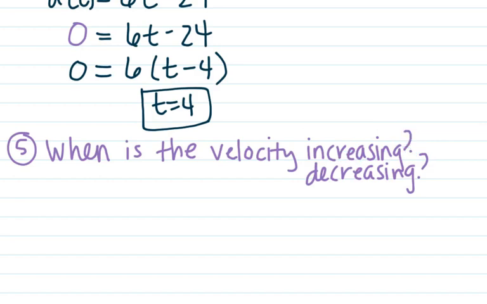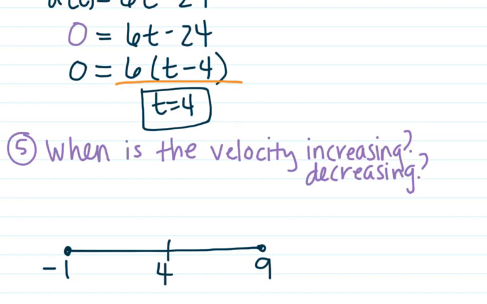It doesn't mean anything about whether it's positive or negative, it just means it's getting more positive or getting more negative. So we're going to make our number line again, putting our -1 and our 9, and this time there's only one value where anything's happening, which is at 4. And this is why I like to use the factored form, because it helps me with the number line tests.